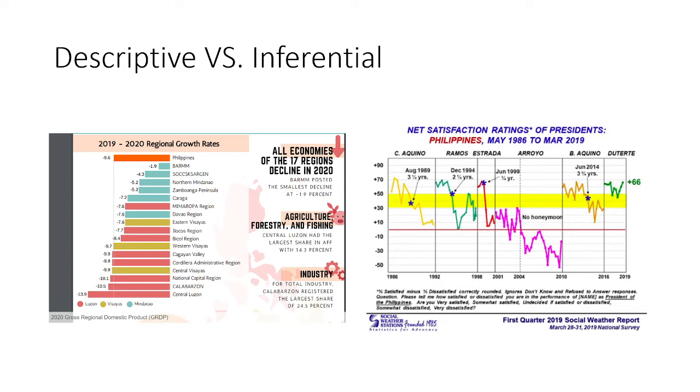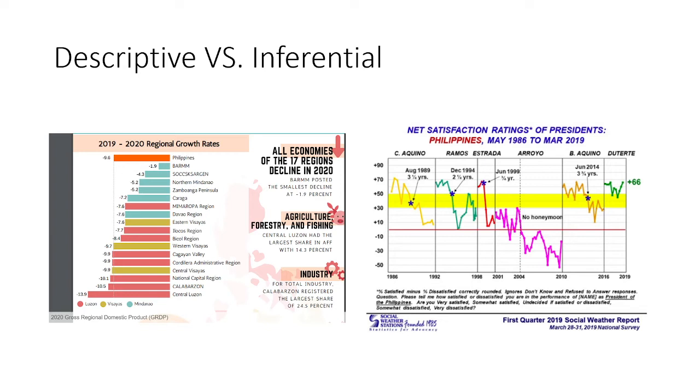And also we have here the smallest decline. We also have here the largest share in AFF and so on and so forth. This type of data actually describes a whole population per se.